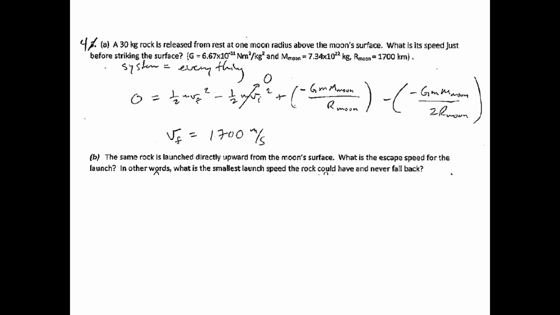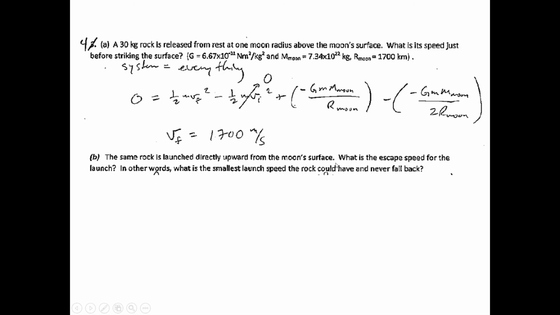So strangely enough, I'm going to take my system again to be the rock plus the moon, with the gravitational internal force associated with the potential energy. And my initial state is going to be the launch. The final state is kind of peculiar. It's when the rock is infinitely far away and it has zero leftover kinetic energy. In other words, it's going at zero speed.